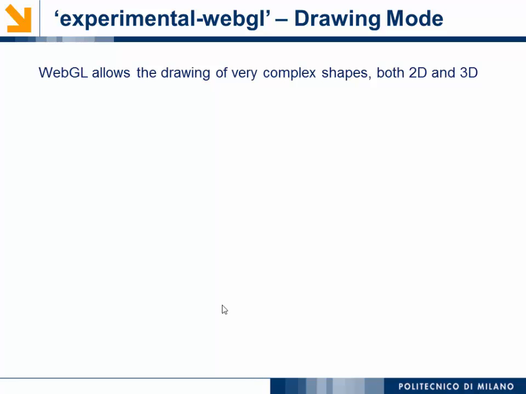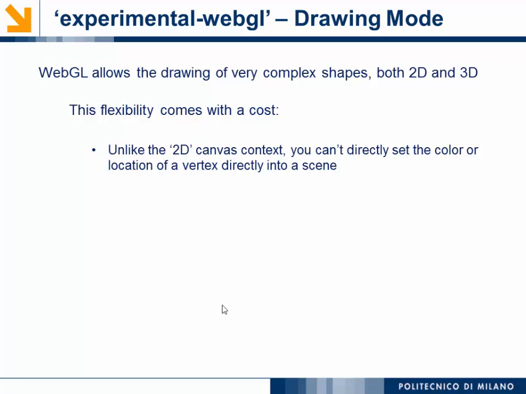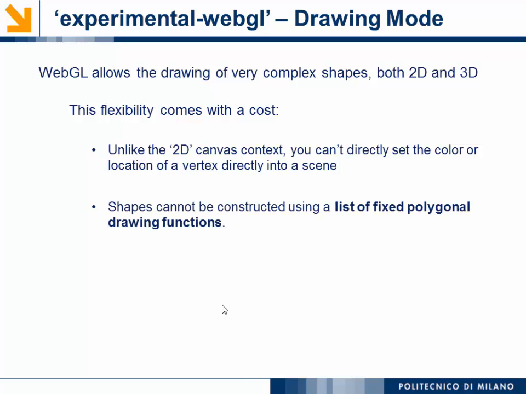So once you learn the procedure, you can draw basically anything you want, provided you have the data to draw it. For example, there are differences. You cannot set directly the color or the location of a vertex to be drawn. And you cannot, of course, draw complex objects by using fixed polygonal drawing functions, simply because there are too many different forms that you cannot hope just to have primitives for them.